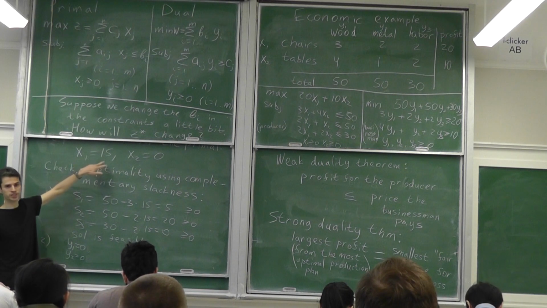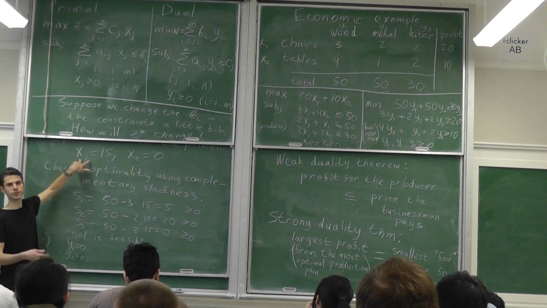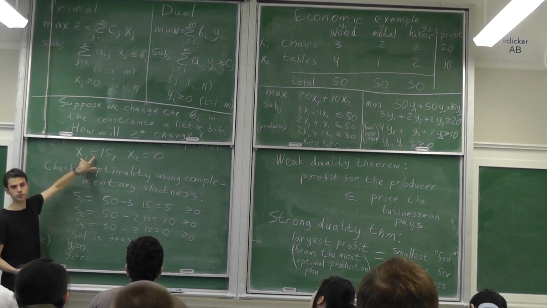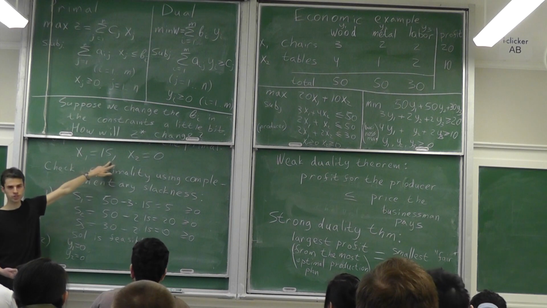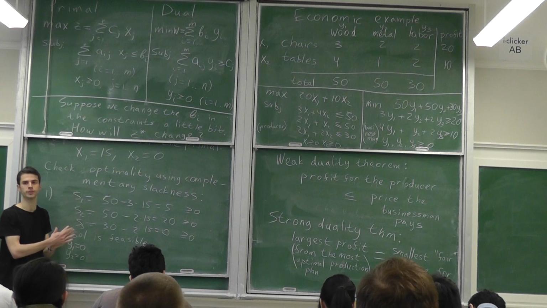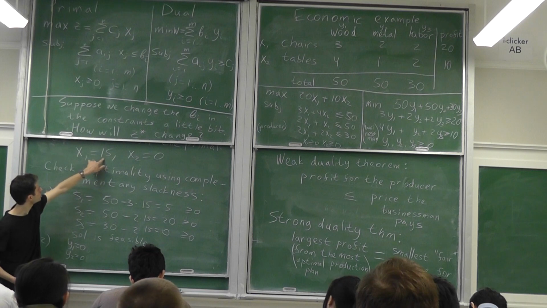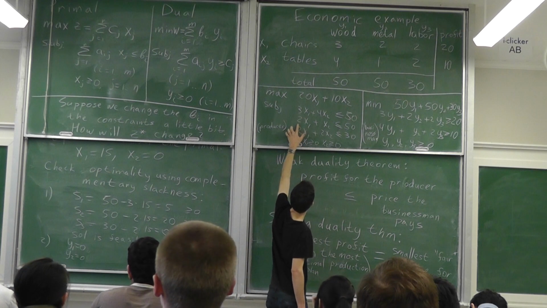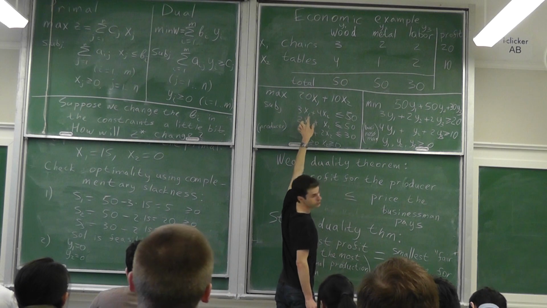Complementary slackness tells me that in the pair x1, t1, where t1 is the slack variable for the dual, one of the numbers should be 0. x1 is not 0, so the corresponding dual constraint must be pushed to its limit, no slack. The dual constraint corresponding to x1 is 3y1 plus 2y2 plus 2y3 is bigger or equal than 20.